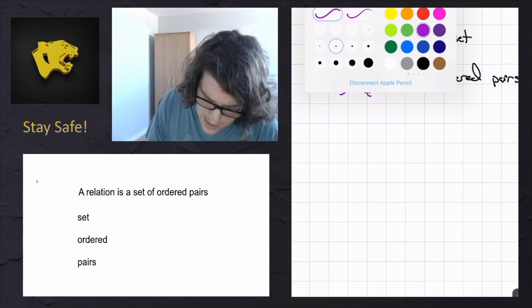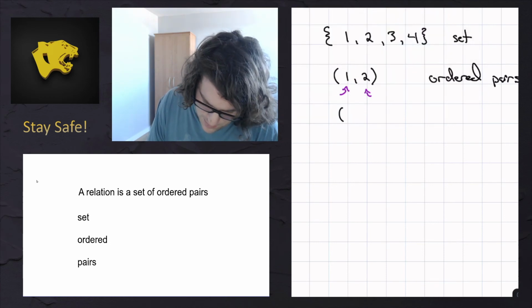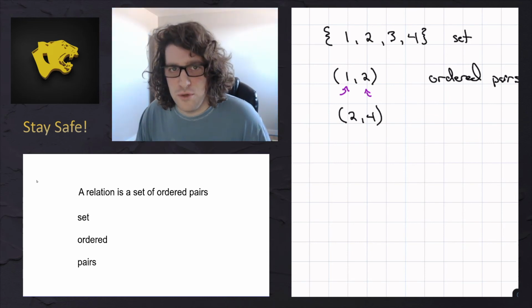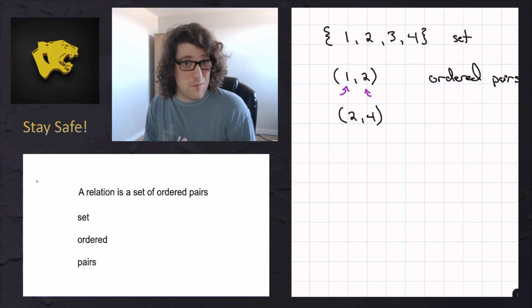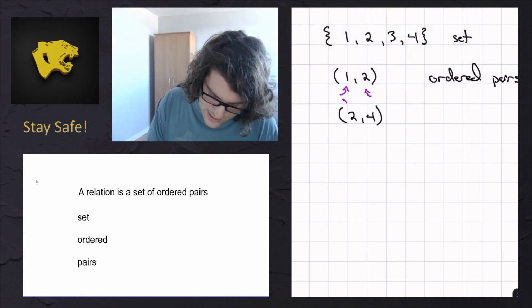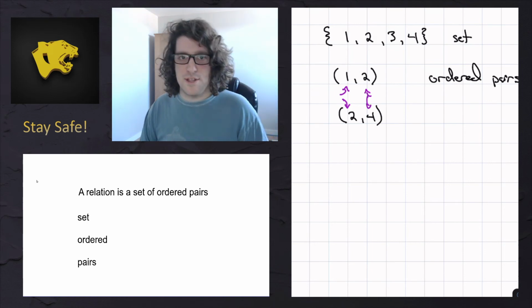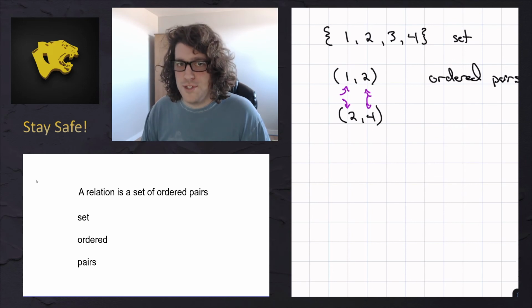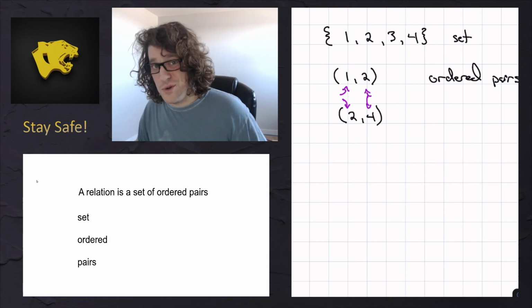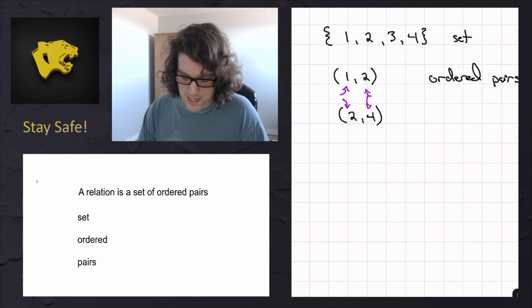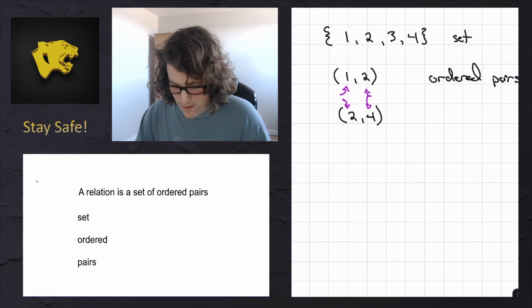If I then tell you that there's an ordered pair 2 comma 4, it's understood that the ordering stays the same. So if this was dollars for the 1, then since it's listed first, it's dollars for the 2. Since it was apples for the 2 to begin with, because it shares the same position, it means that we're looking at apples for what the 4 represents in that particular statement.